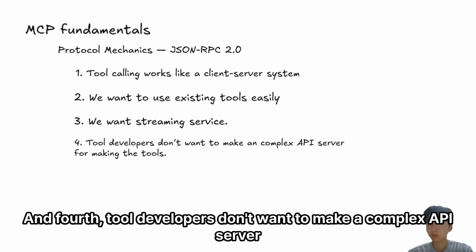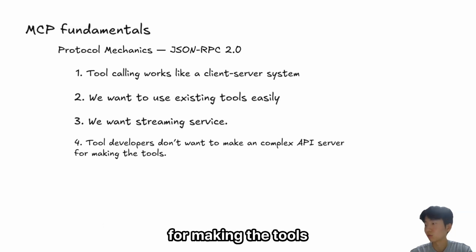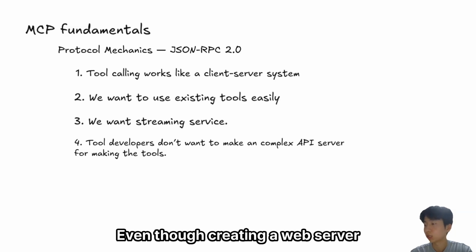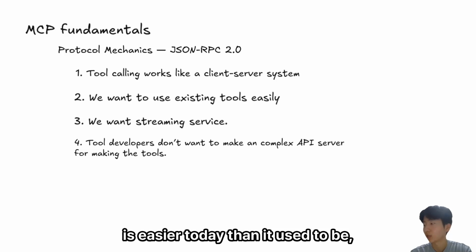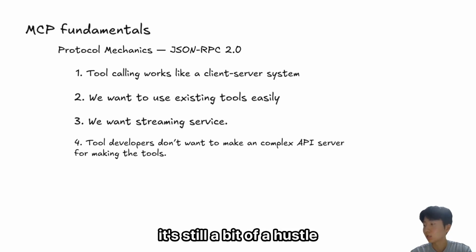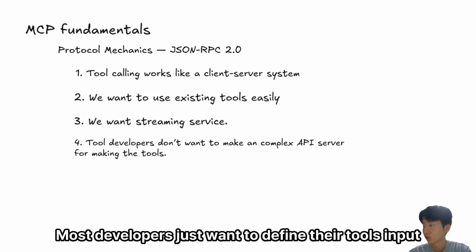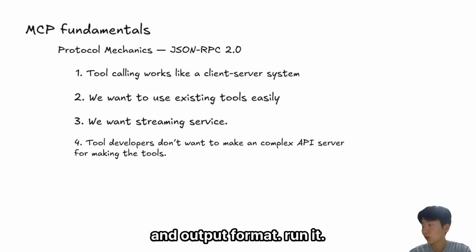And fourth, tool developers don't want to make a complex API server for their tools. Even though creating a web server is easier today than it used to be, it's still a bit of a hassle. Most developers just want to define their tool's input and output format, run it, and let it work with AI. They don't want to deal with a full-blown HTTP endpoint, routing, or server management.